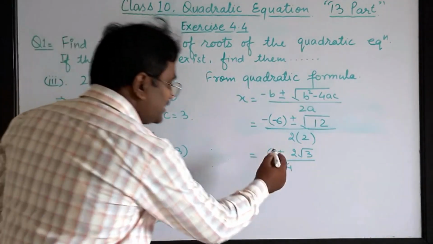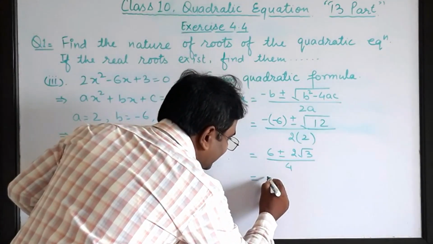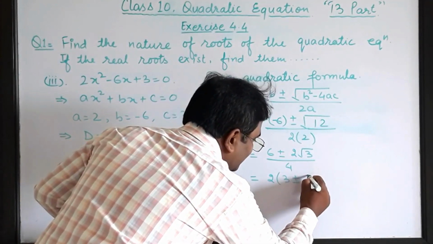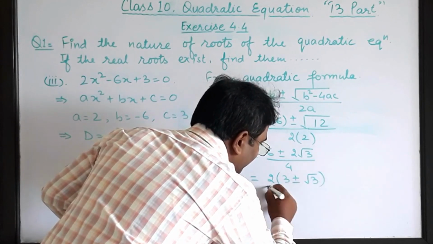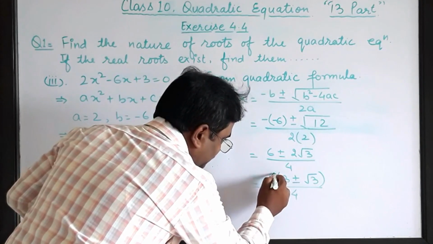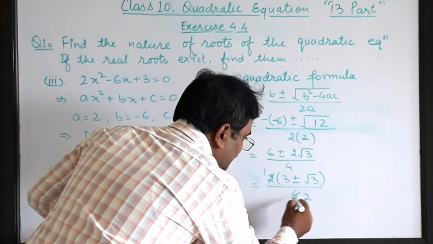Now take 2 as common, you will get 3 plus minus under root 3 whole divided by 4. Now simplify it. 2 1s are 2, 2 2s are 4.